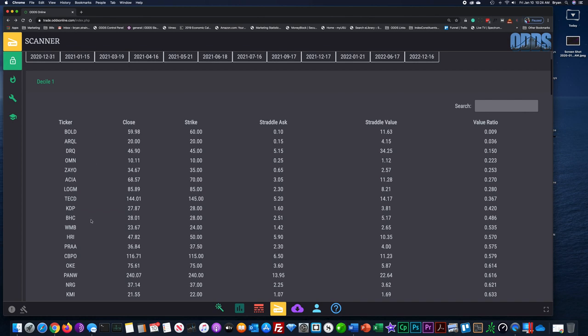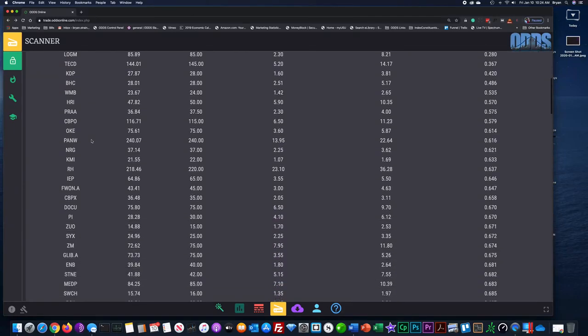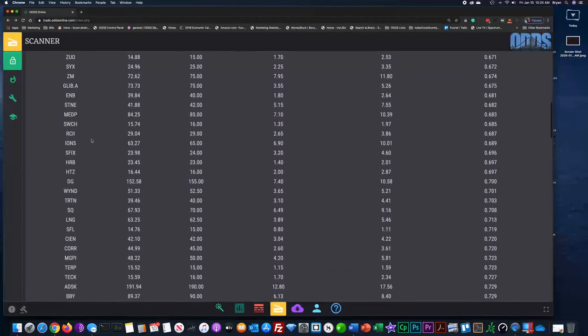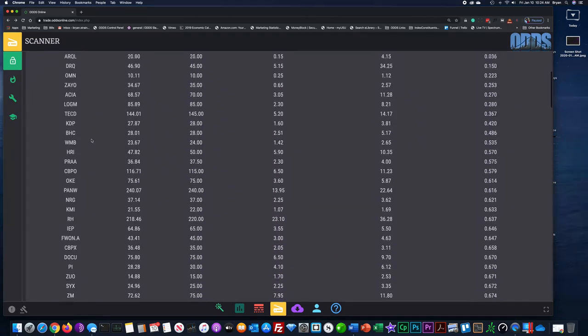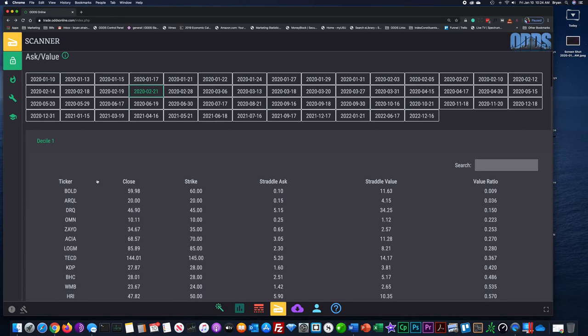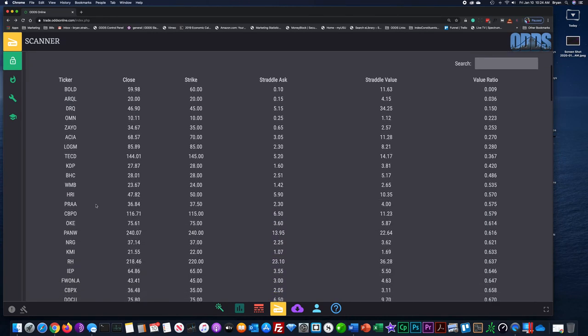It doesn't mean that you're automatically going to buy whatever is the cheapest. When we do the scan, you do want to eliminate fundamental reasons for those options being cheap. But you just now have a list of stocks that have options that are cheap relative to everything else in the market, right? These are the cheapest options relative to their value by looking at that value ratio.